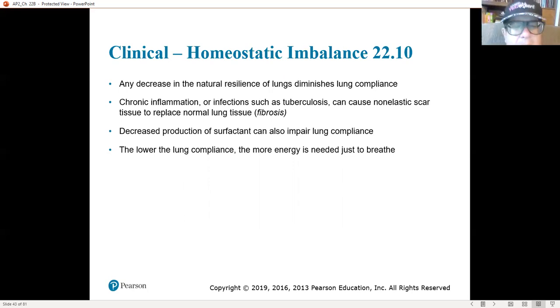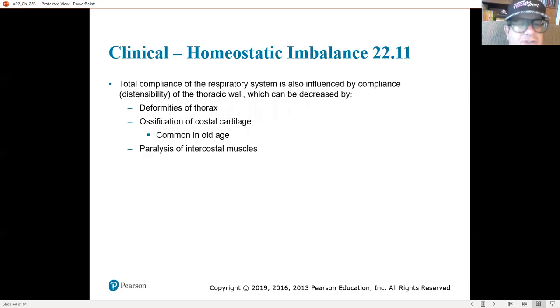You could also not make enough surfactant. If you stop making enough surfactant, the lungs are reduced in compliance. The lower the compliance, the more energy you have to spend just to breathe. Total compliance of the respiratory system is also influenced by how easily the thoracic wall distends.